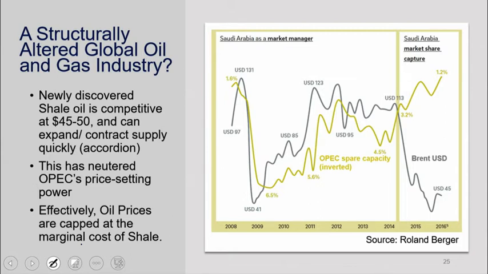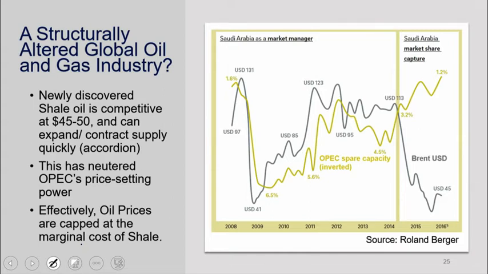So what this shows is that the yellow line is spare capacity inverted. That means if the line is going up, spare capacity is coming down. And what you see is that before the yellow line, there's a very strong correlation between OPEC spare capacity, which is basically Saudi, and oil prices, where spare capacity goes down, oil prices go up, and vice versa.